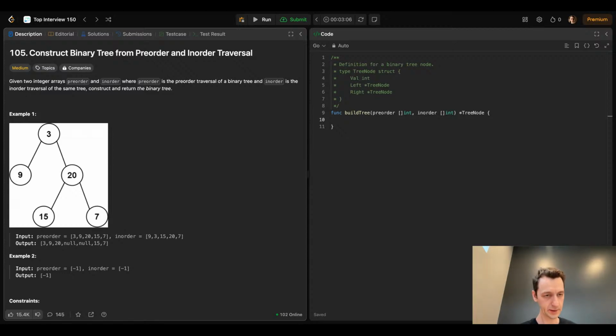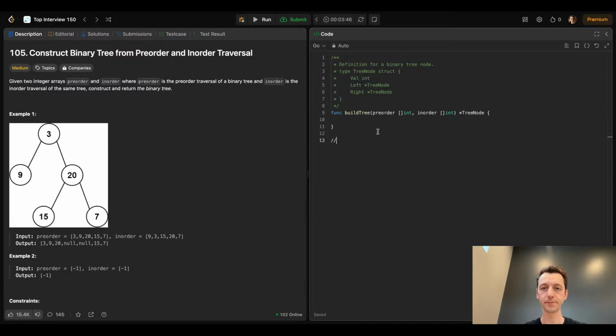It definitely looks like we're going node and then left and then right. It starts like here. So it's node, then left, and then right.